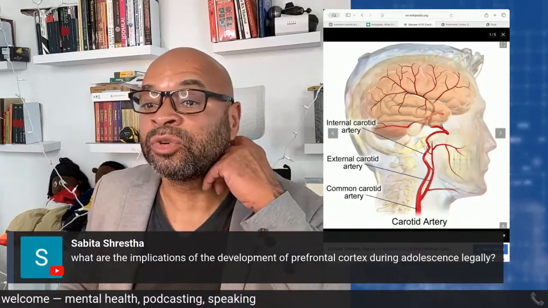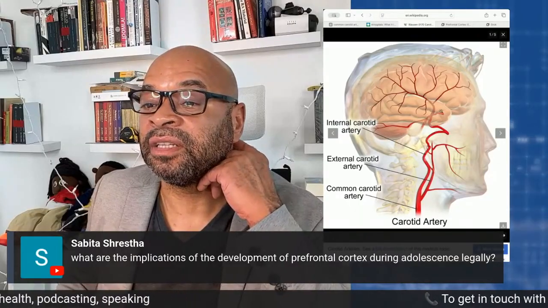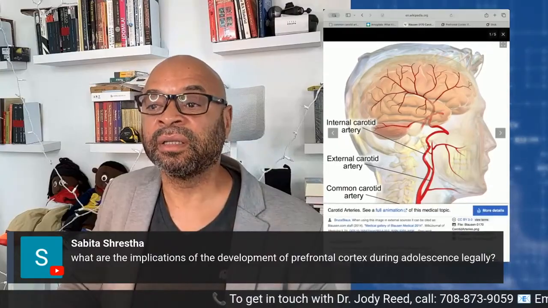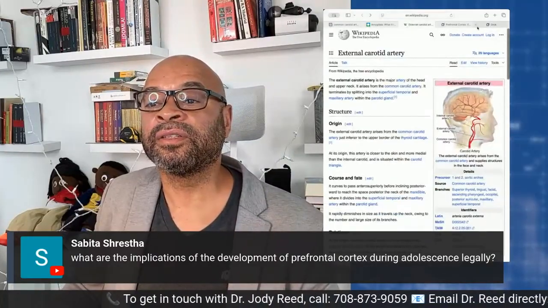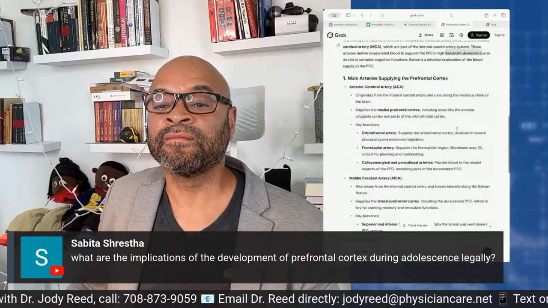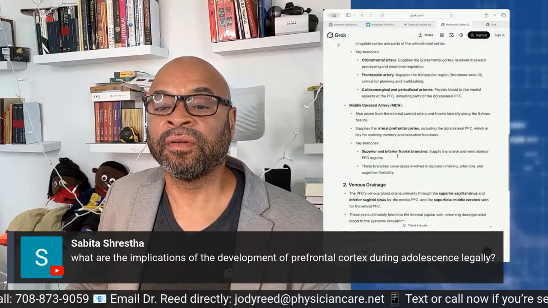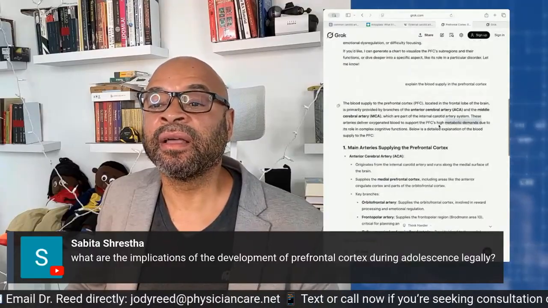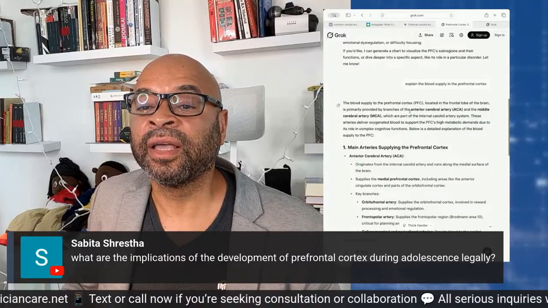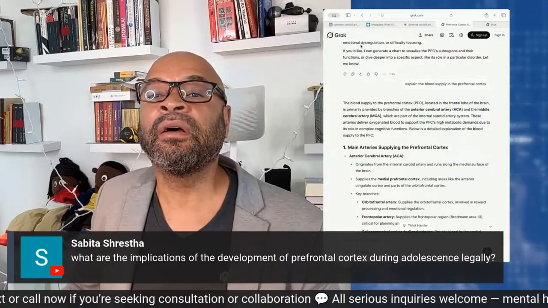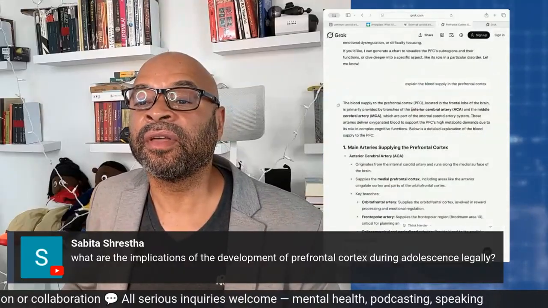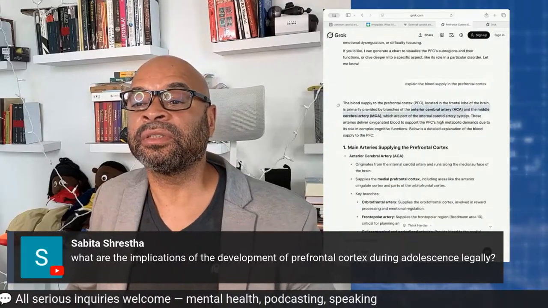So this is one of them. And then the middle cerebral artery, I believe the junction is somewhere around here. Okay, the common carotid, we turn to internal carotid. Okay, anterior cerebral, and let me show these.